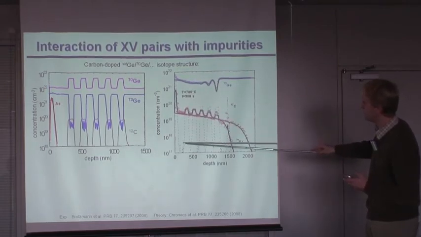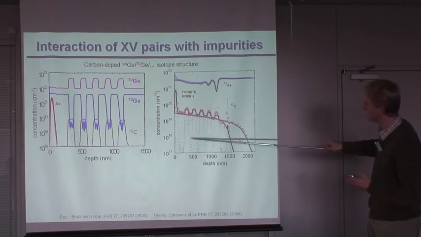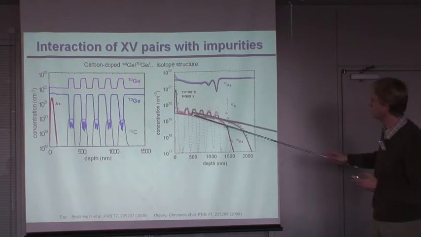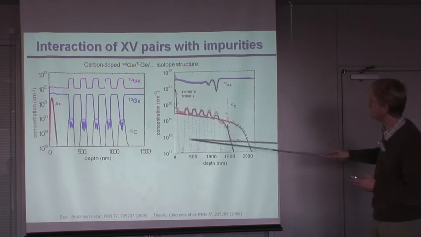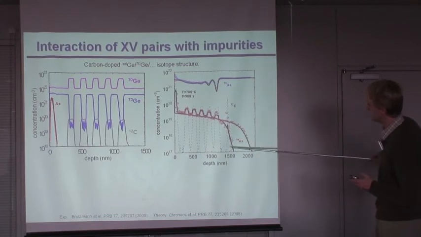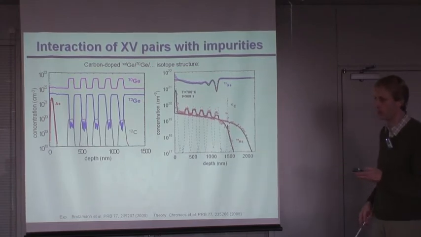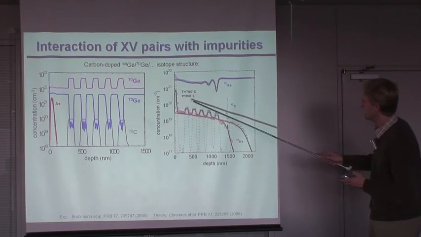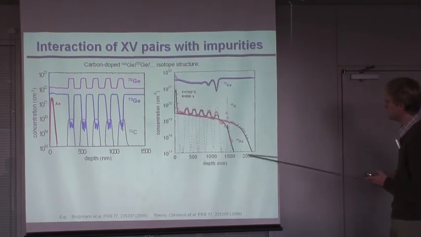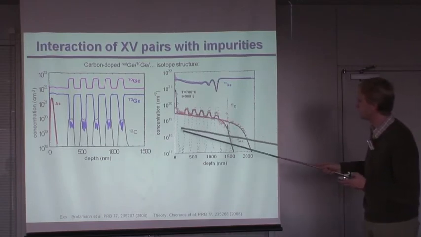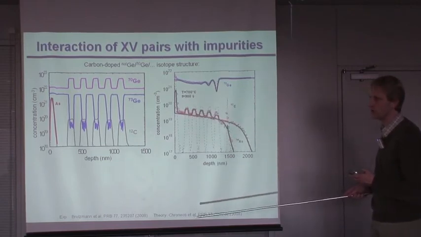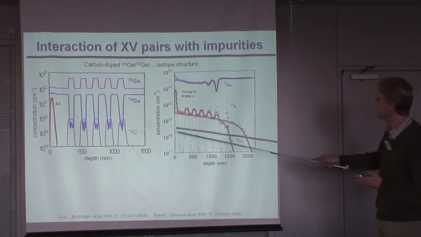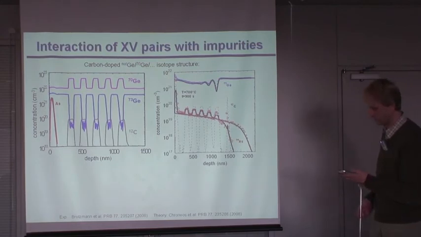But the carbon distribution, you can see here, is the same as in the as-grown structure. And you observe here a segregation of arsenic due to the carbon, and you also see a reduced penetration depth of the arsenic profile. It's at the same temperature and time, and this profile here is just for comparison, how the arsenic profile looks in natural germanium, just without carbon. So this is what you would expect if you have no carbon in your germanium.